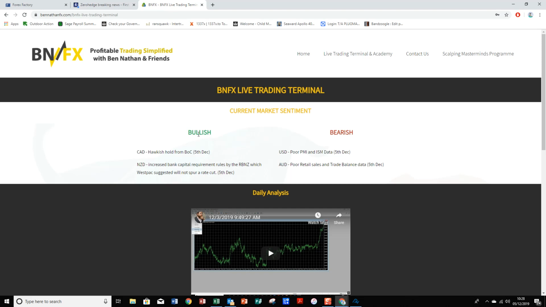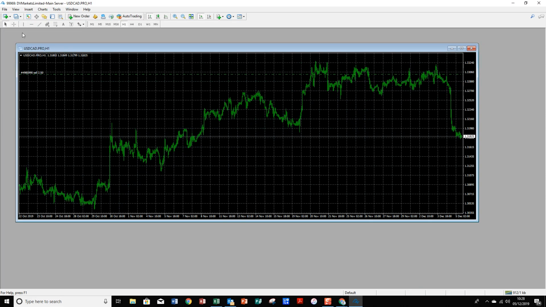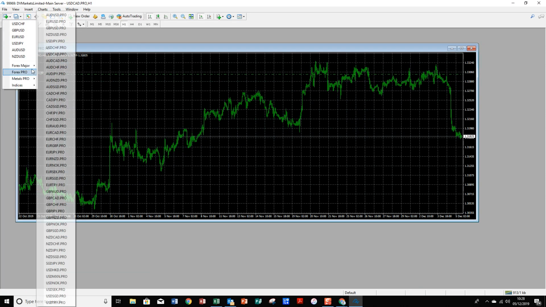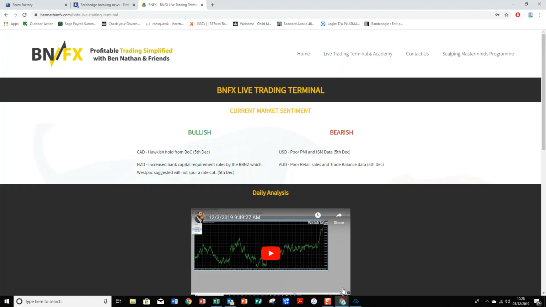First, if we work with the CAD, we've got the dollar CAD and the Aussie CAD. So let's load those charts up. US CAD, then the Aussie CAD. And then the other two: the New Zealand US and also Aussie New Zealand.